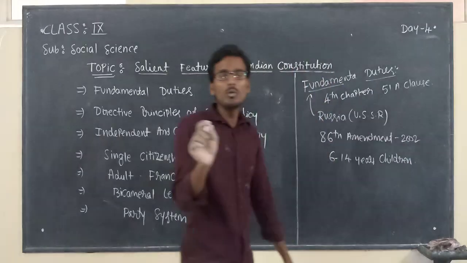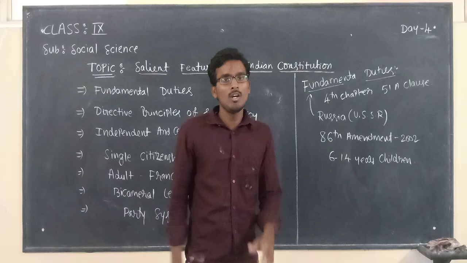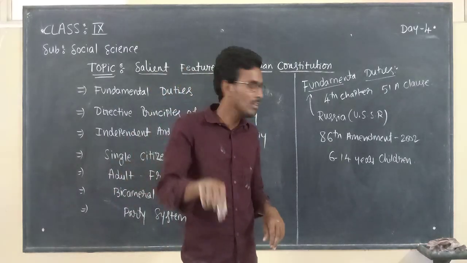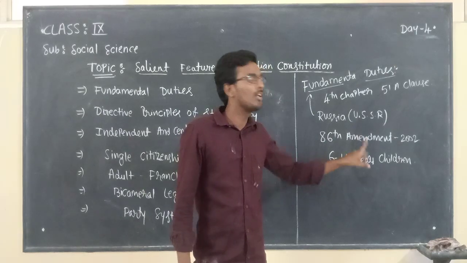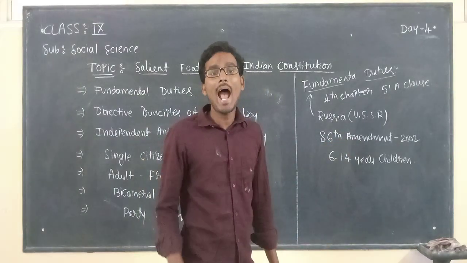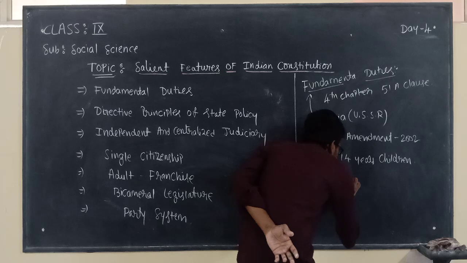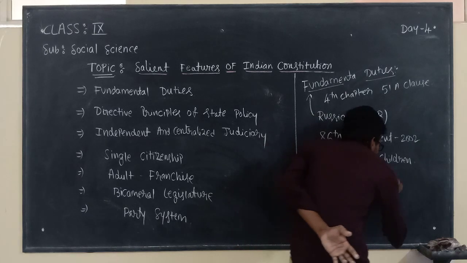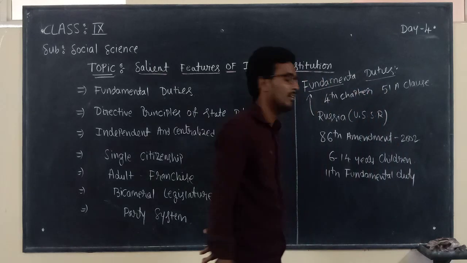So it is a duty of every parent as well as guardian to provide compulsory education to children whose age is between 6 to 14 years. This amendment is added as the 11th fundamental duty.